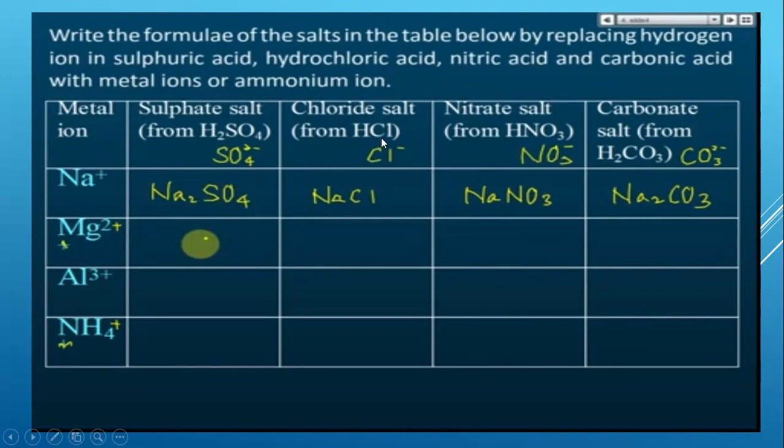Similarly, it reacts with HCl and it gains chloride ions and produces NaCl, which is a common table salt. In the same way, sodium with nitric acid forms NaNO3. Sodium from carbonic acid forms sodium carbonate.